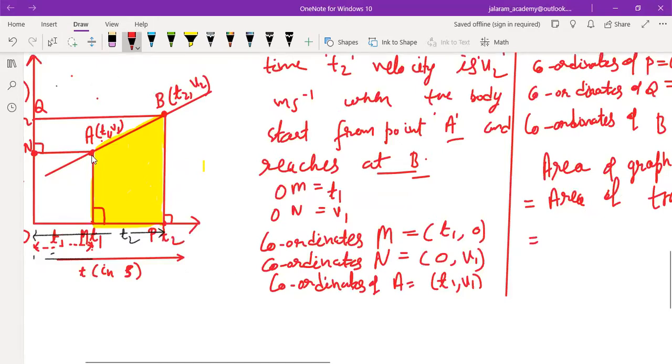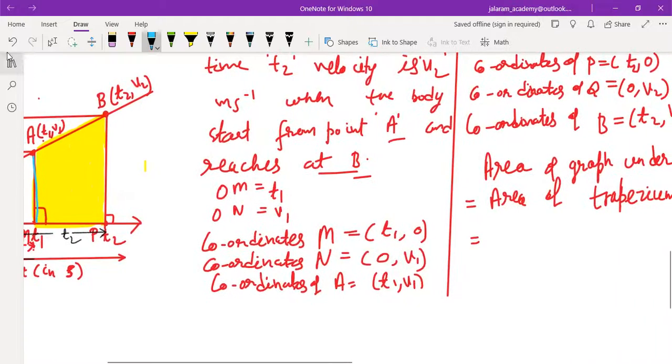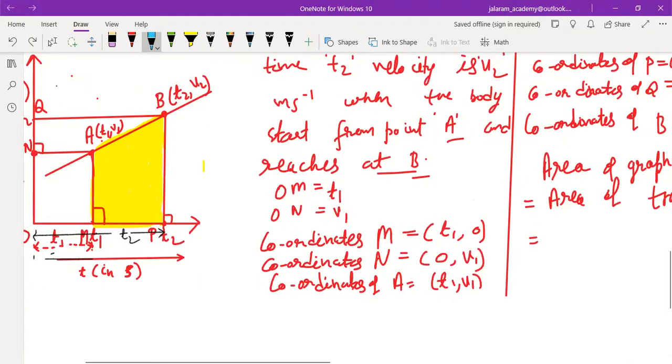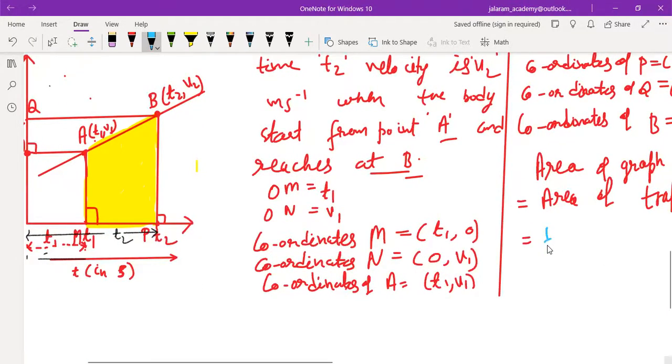Clearly, the length of first parallel side, this one, is AM. So half into first side which is parallel is AM, and other side which is parallel to this is BP.